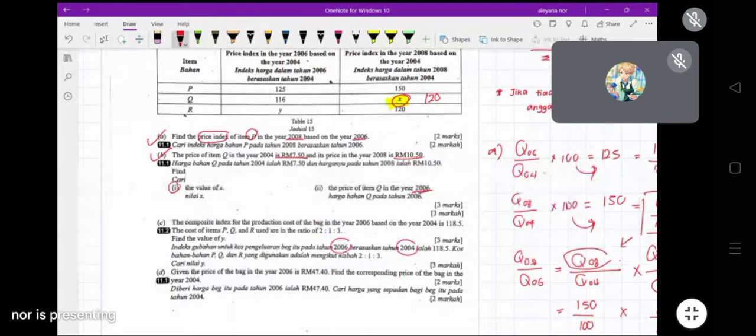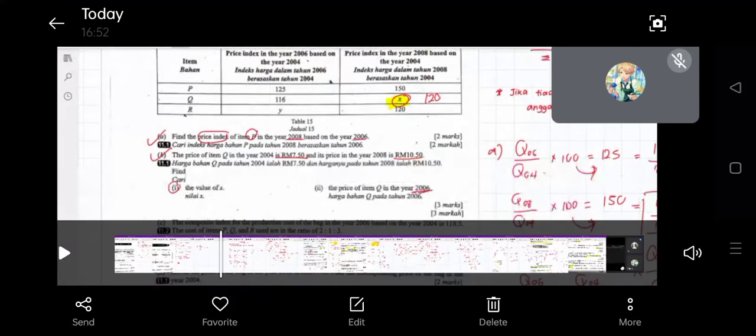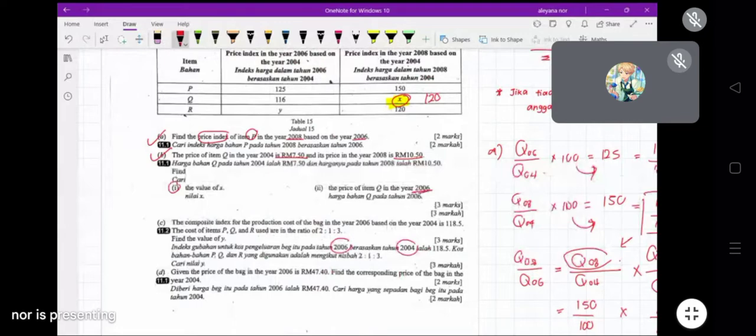It's like 2006 based on 2004, and it's over there. Never mind, we'll move on with C. I feel I'm really bad at explaining. I know how to tell it, but I'm bad at explaining it. I'm so sorry, Aliana. I'm just going to continue.